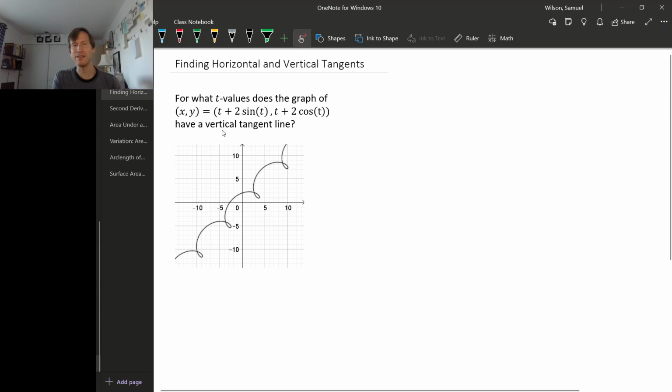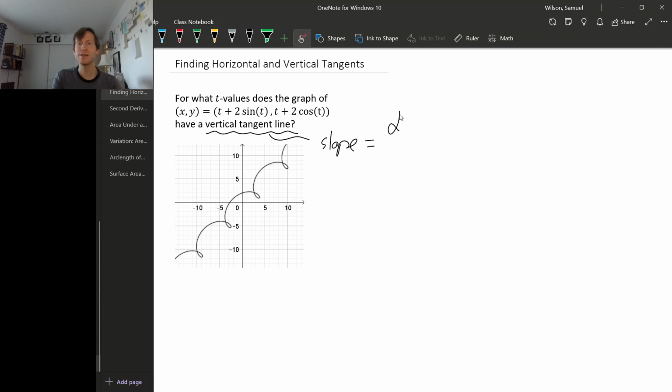So this is all about the direction of the tangent line, right? And the direction of a tangent line is determined by the slope. So again, we need to work with the slope of this parametric curve, and slope is dy/dx.